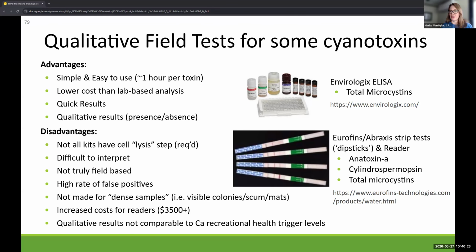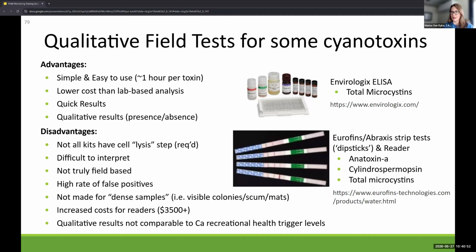However, there are some disadvantages with them. They're mostly used for presence-absence of a toxin. Some of these tests don't have detection levels low enough for many of the advisory levels for recreational and drinking water programs. Depending on the requirements of different programs, oftentimes they're not well suited, but sometimes they are for a screening approach, or a low resource tier.